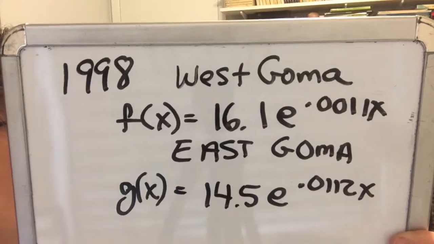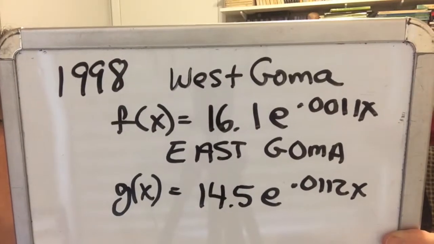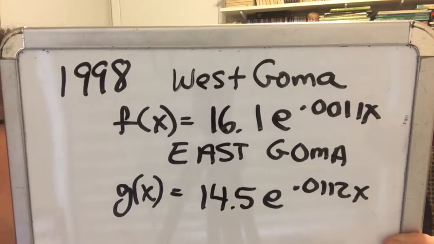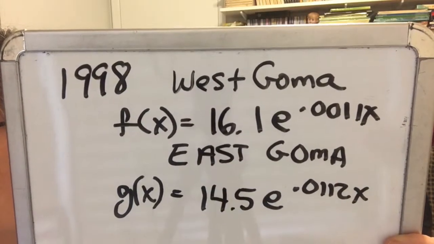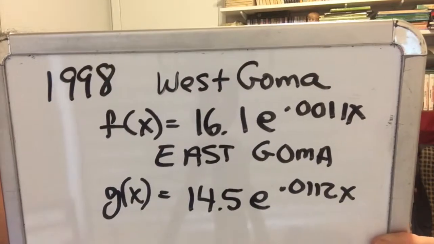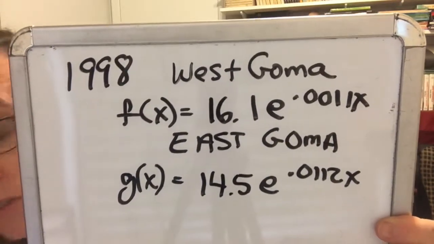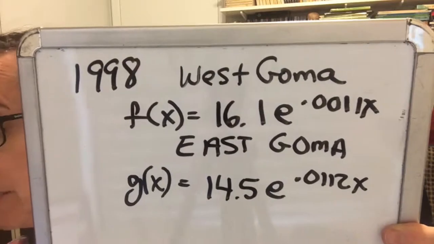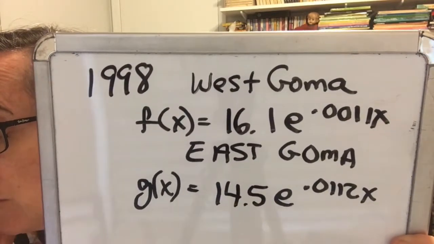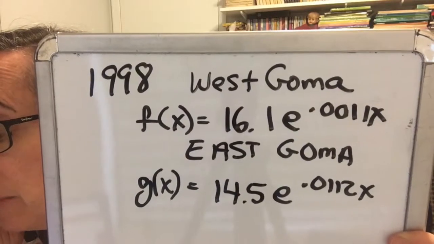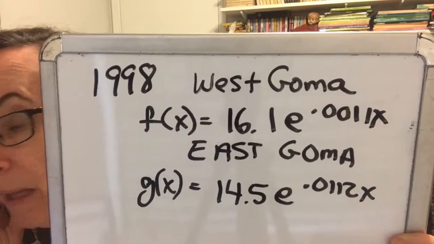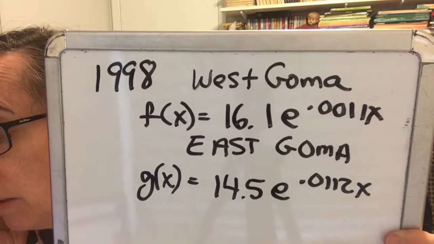At the same time, the population of East Goma in millions was modeled by g of x = 14.5e^(0.0112x). In both formulas, x is the year, where x = 0 corresponds to September of 1998. Assuming these trends continue, estimate what the population will be when the populations are equal.